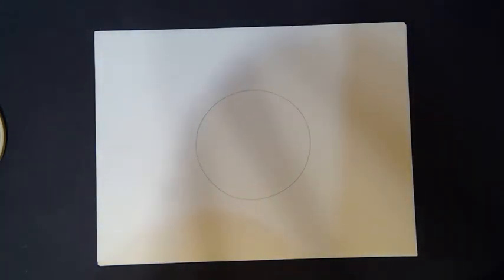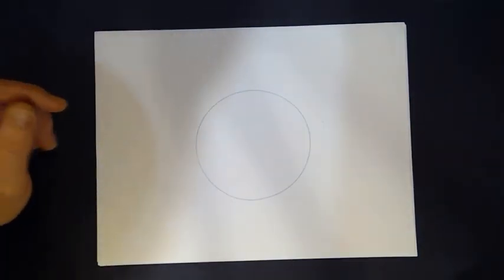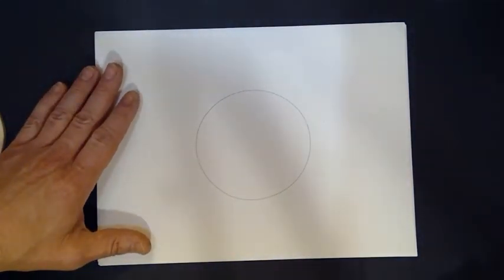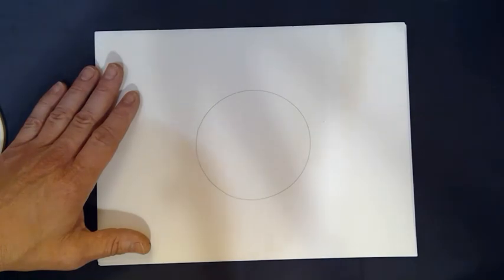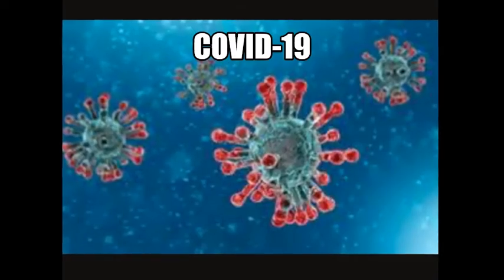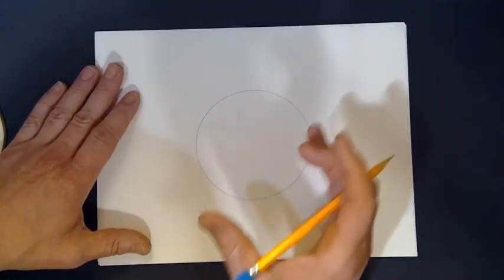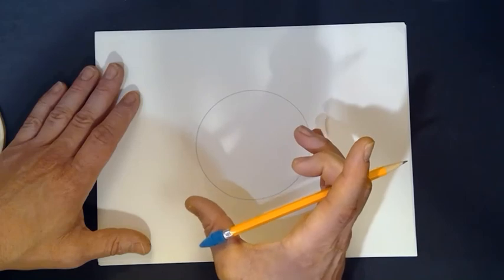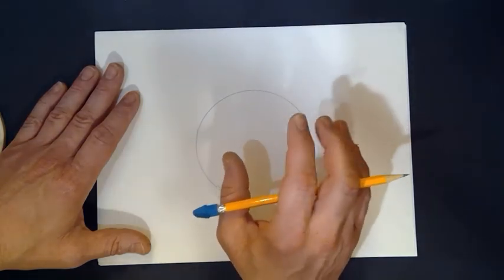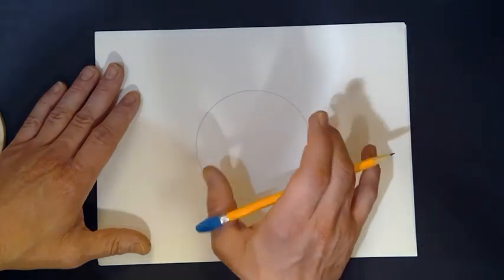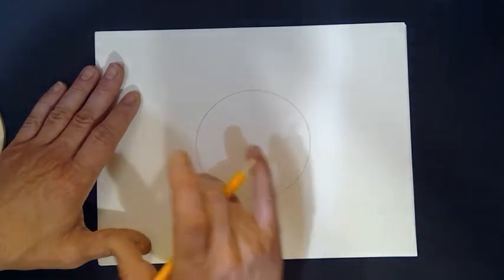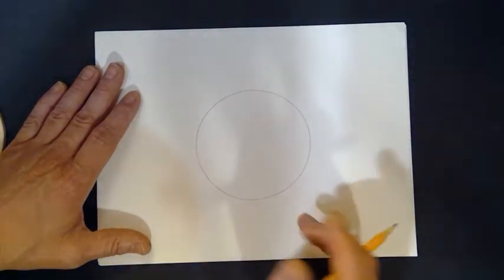Now I'm going to try and pull a screenshot so you can actually see what the CDC has given us in terms of what the virus actually looks like. But basically it is a sphere, so it's a round object, and it has these things that stick off on the outside of it.